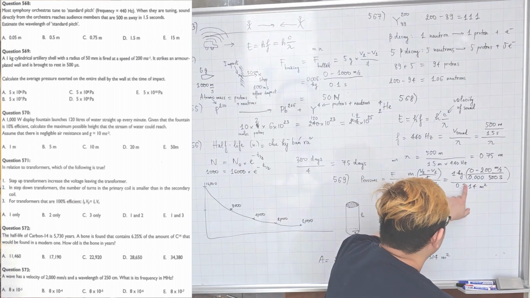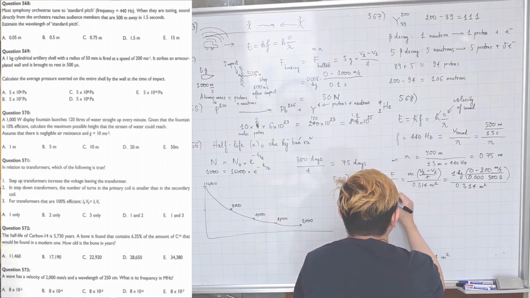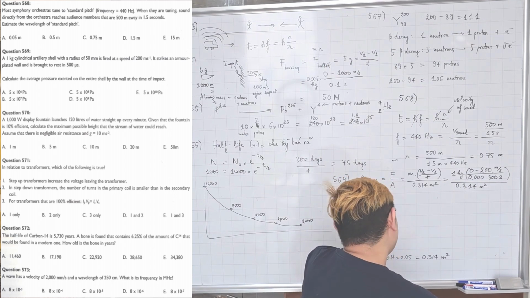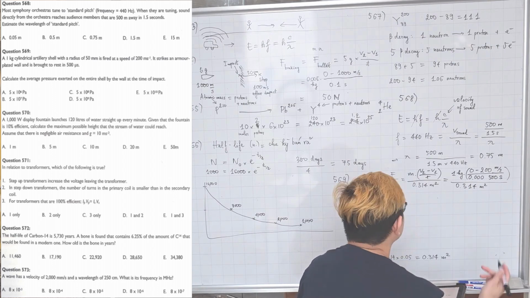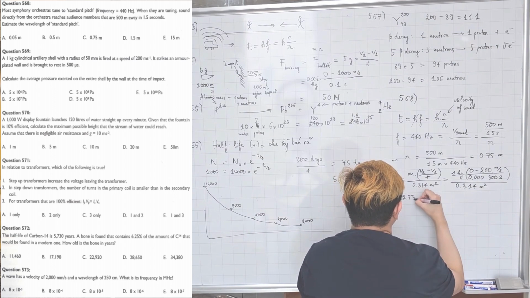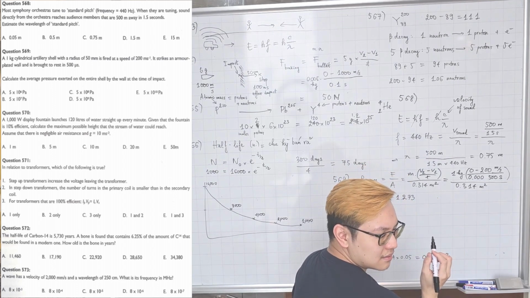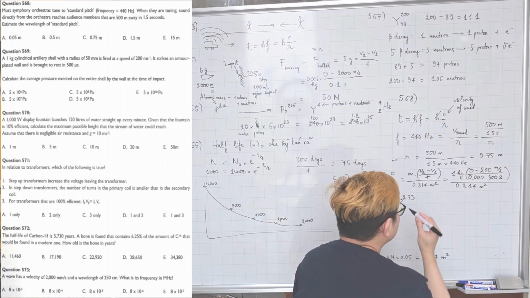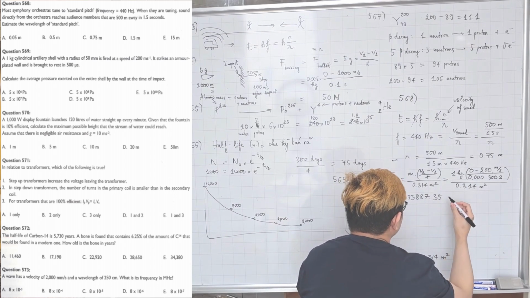Minus 200 divided by 0.000 something, and then divided by this number. It's like 1,273. What? 1.2, no, not 1.2, 8 8, 35 Pascal.